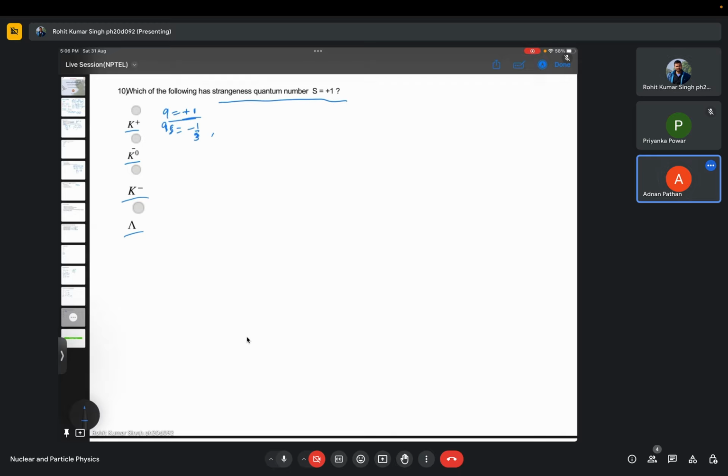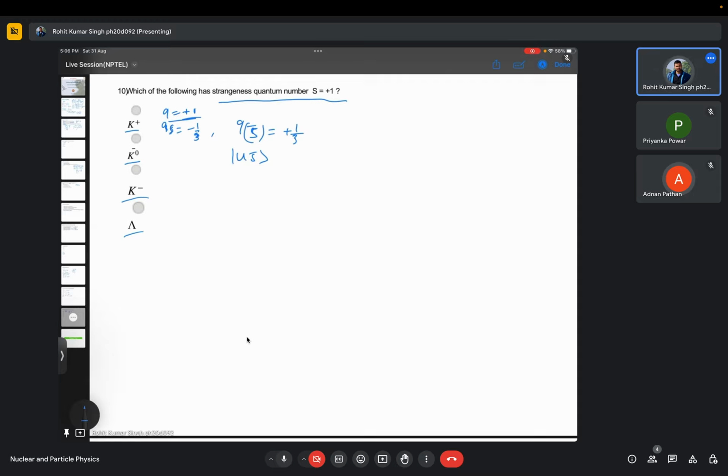That means the strange quark comes in this as an antiparticle, anti-strange, which has the charge equal to plus 1 by 3. Then you put a U, 2 by 3, and 1 by 3, and it adds to 1. So the quark content will be u s bar, right?